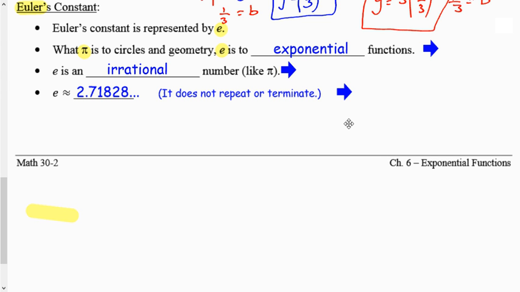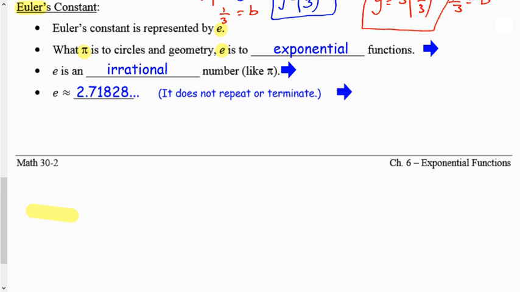So the reason we need to look at E as a base is because once we look at exponential regressions, kind of like we did linear regressions, quadratic, cubic, sinusoidal regressions, we'll be doing exponential regressions. So our calculator will use E as the base when we do exponential regressions. I think, if I remember right. So just need to be familiar with it. Don't need to know much about it beyond that.